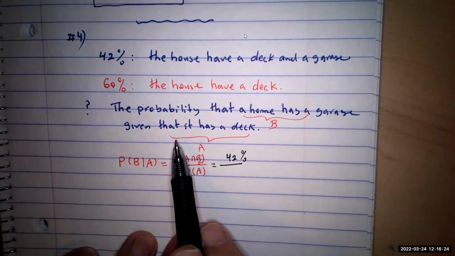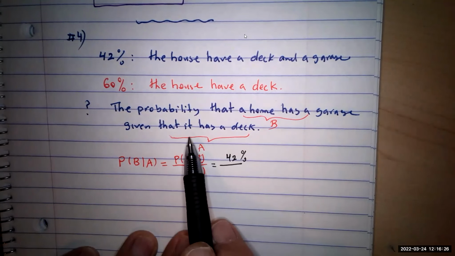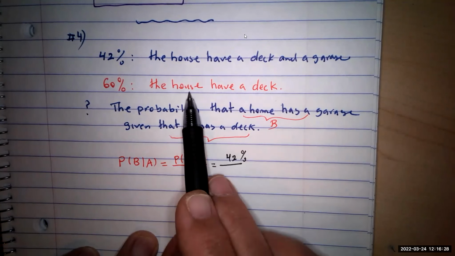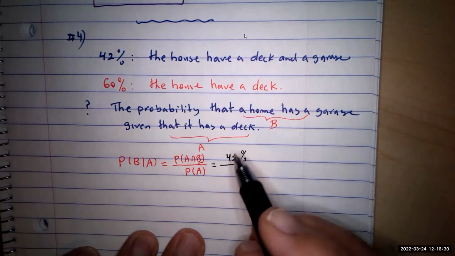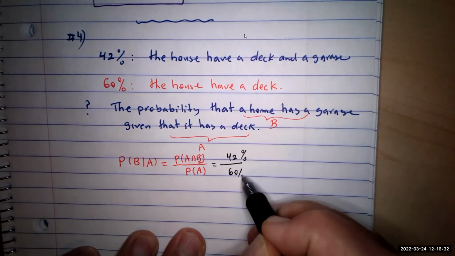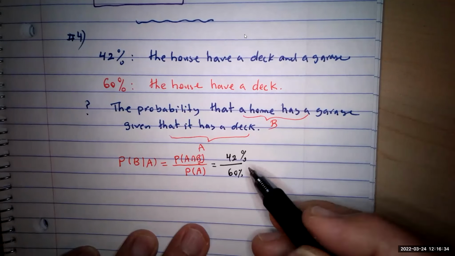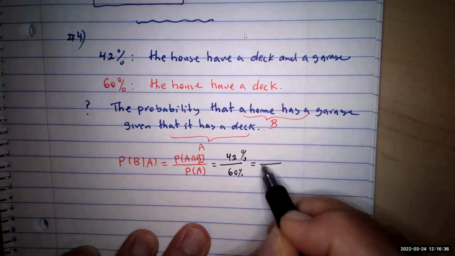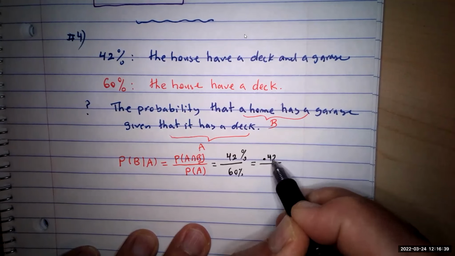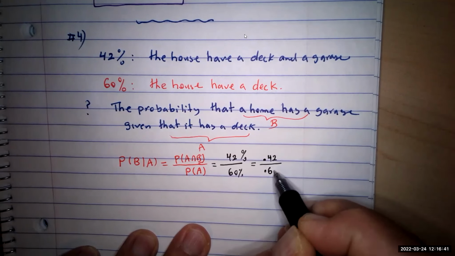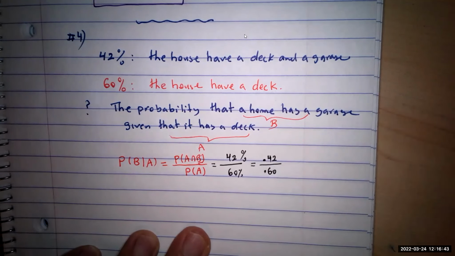Given that, what's given? The probability that the house has a deck. House has a deck, 60%. That's it. You change the percent to the decimal, it's going to be 0.42, and it's going to be 0.60. And we can drop the decimals, or just use a calculator.